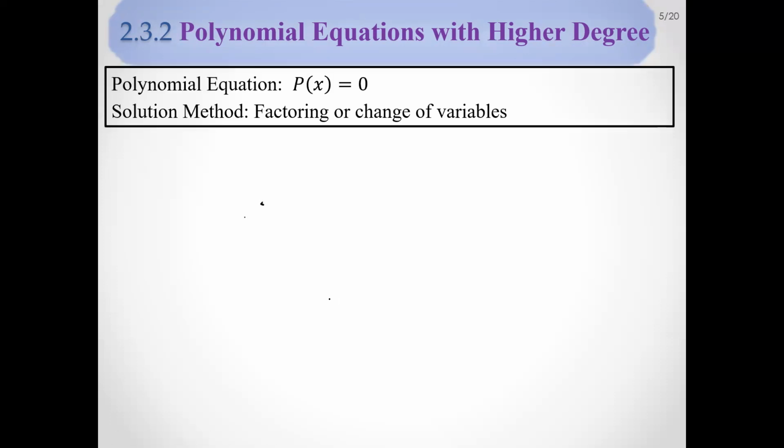For higher order, we don't have a formula. Sometimes we know how to solve it, and most of the time we don't. But in the special cases where we know how to solve it, we can manage this type of equation using two methods: by factoring or by change of variables.